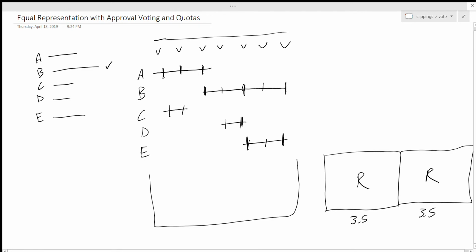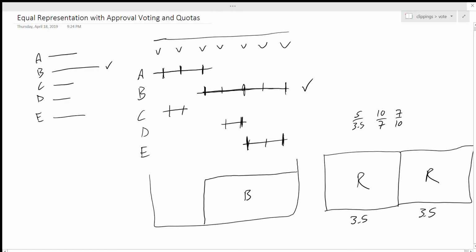Here there were 5 represented by B, and so B spreads his representation a little bit further, so 5 over 3.5, I guess that's 10 over 7. It's not a great number, but 7/10 is how much this quota bucket fills up with B.